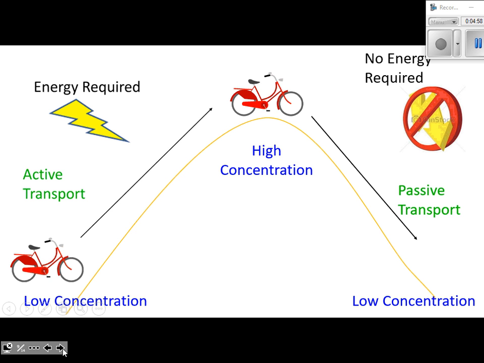You don't have to. I saw some people write bike in there. If you want to draw another bike, you can, just to know that the bike's going from low to high, then high to low. That's the important thing. So when we're thinking about active transport and passive transport, think about the bike diagram.